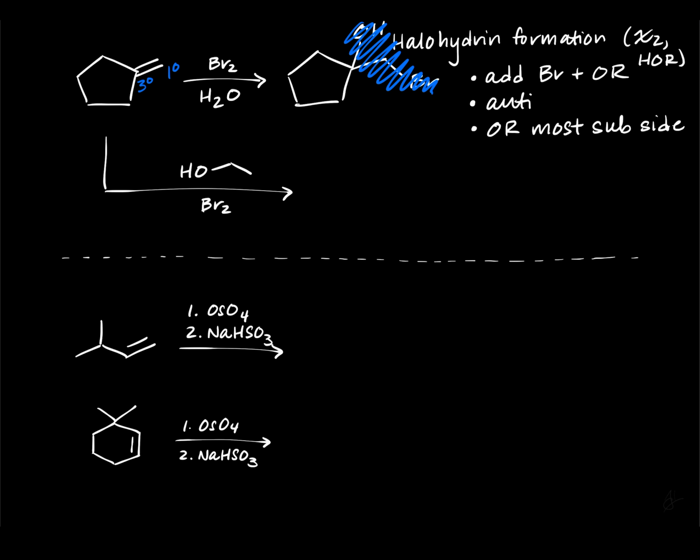You can cross out those groups and pretend they don't exist and ask yourself, do they have a plane of symmetry? This does have a plane of symmetry, meaning these are 2 identical groups. These are not chiral. So neither one of our carbons is a chiral center, and you do not have to indicate wedges or dashes. Let's do this process again.